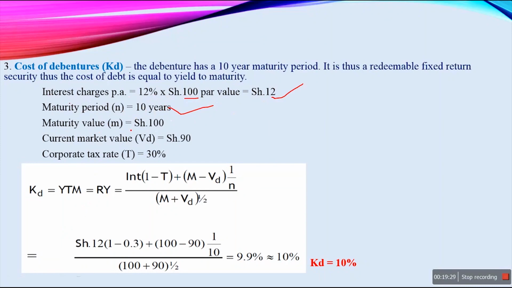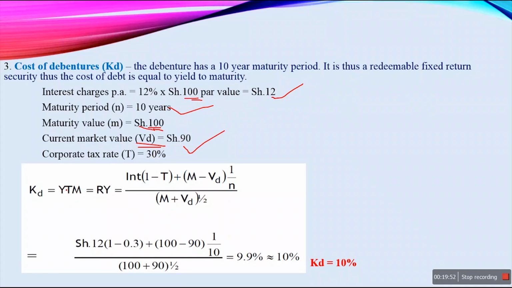Then the maturity value is the value at which they were issued, 100 shillings, giving us 100 as our M. Then the current market value is the value at which they are selling in the market currently, which is our VD, 90 shillings. The tax is 30%.